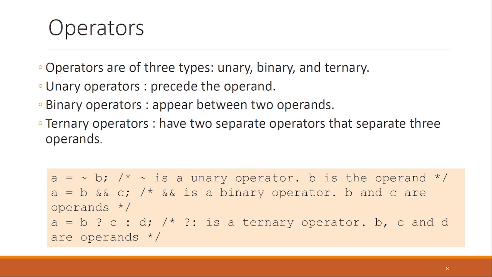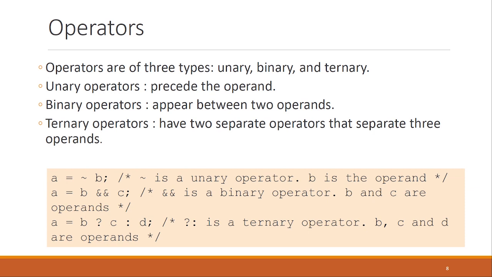The first example is about a unary operator. If you want to assign the negative of b into a, you can use this unary operator that negates a variable: a equals not b. So this is a unary operator. The second example is about a binary operator.